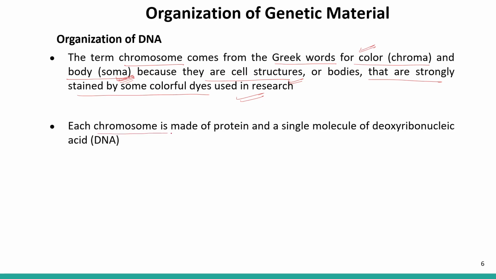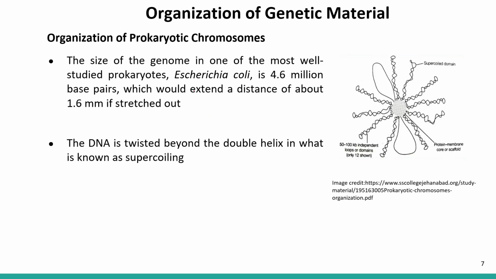Each chromosome is made up of protein and a single molecule of deoxyribonucleic acid, that is DNA. The size of the genome in one of the most well-studied prokaryotes, E. coli or Escherichia coli, is 4.6 million base pairs, which extends to a distance of about 1.6 millimeters when stretched out.